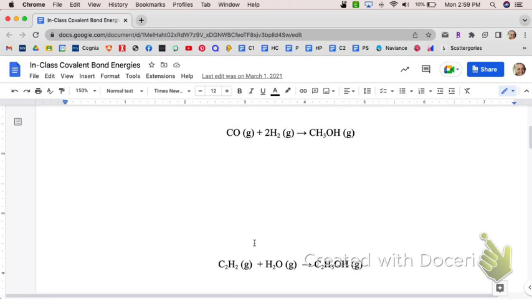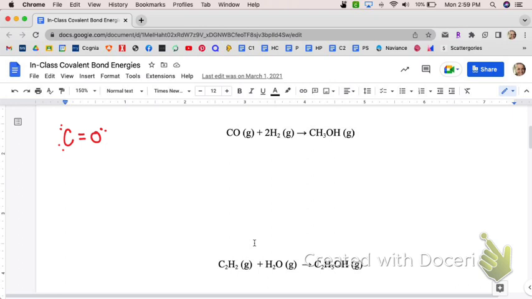I don't know, that's what I'm asking. So if I have a double bond, how many electrons am I allowed to have? 10. 2, 4, 6, 8, 10, 12. That's no good, so that's not going to work.